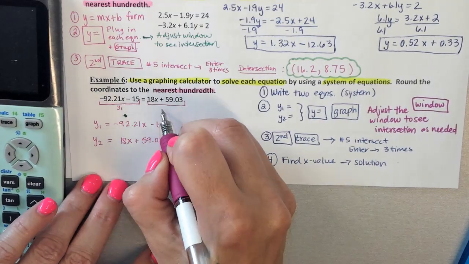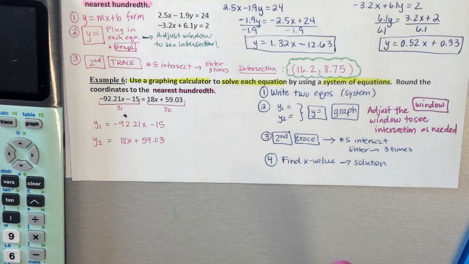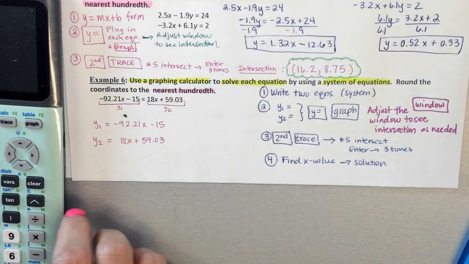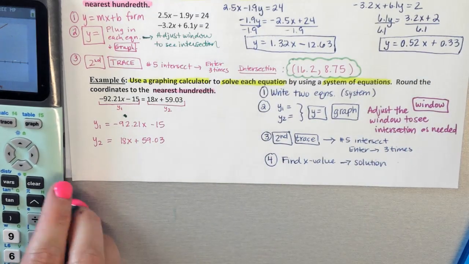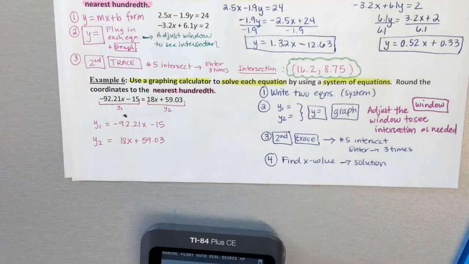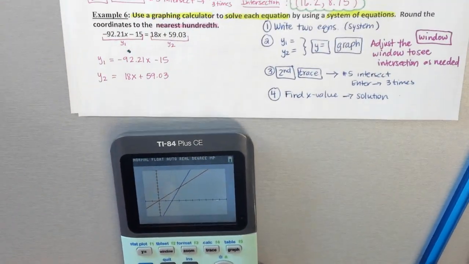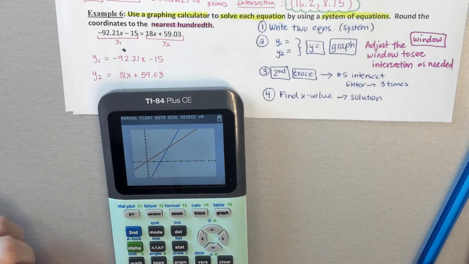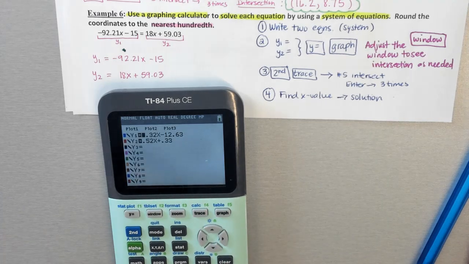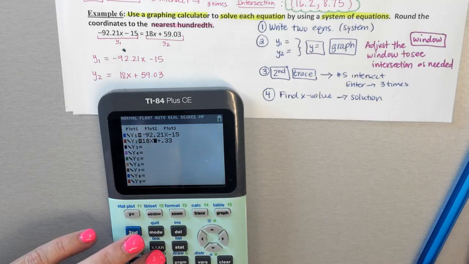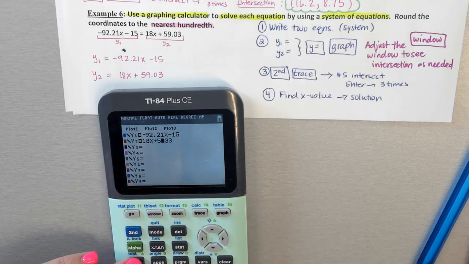This is your y1, this is your y2. So now we're ready. Y equals. I have negative 92.21x minus 15. I have 18x plus 59.03.